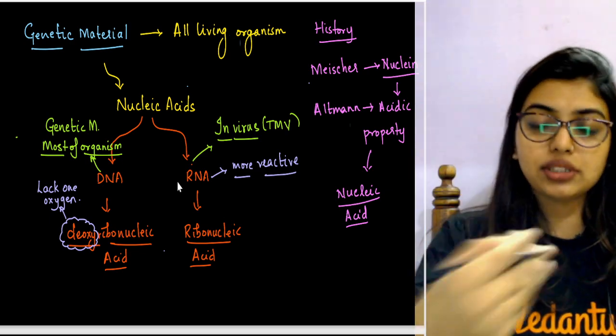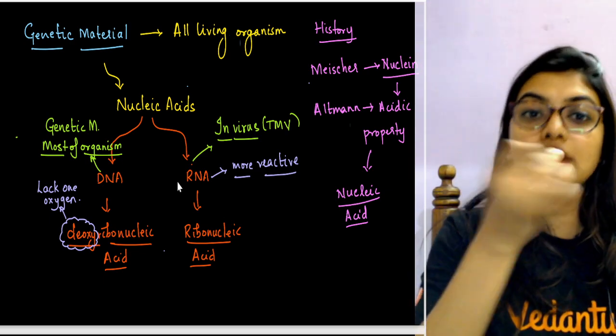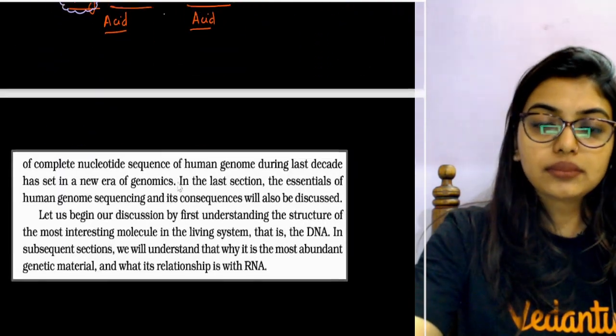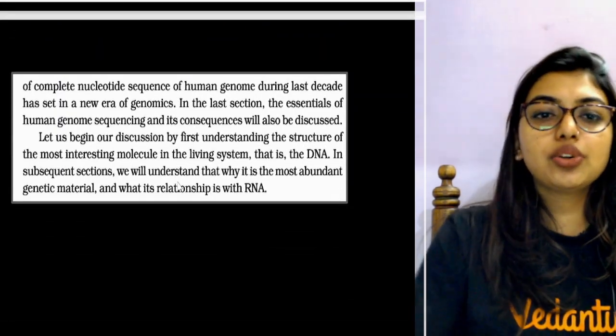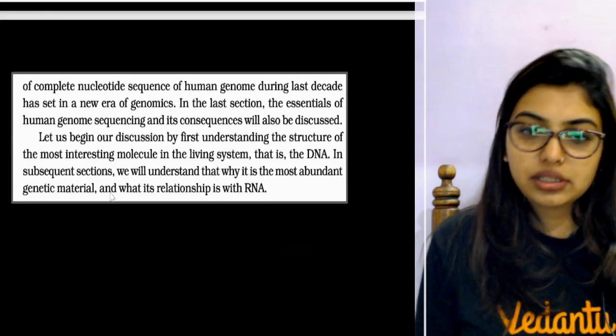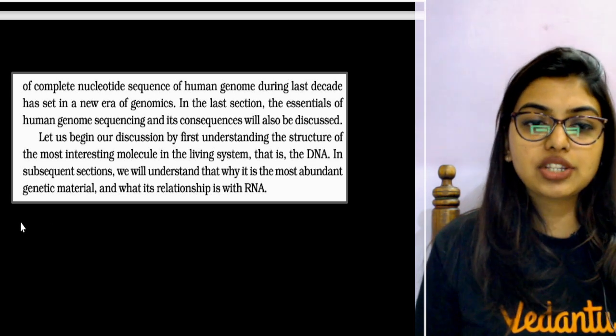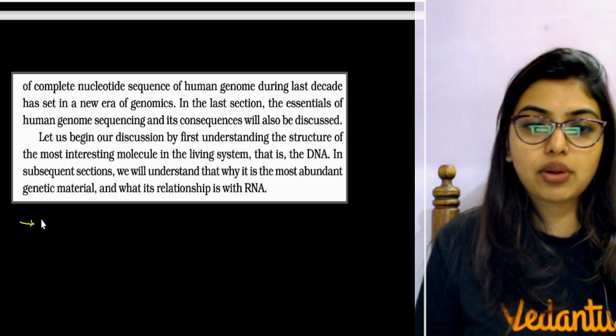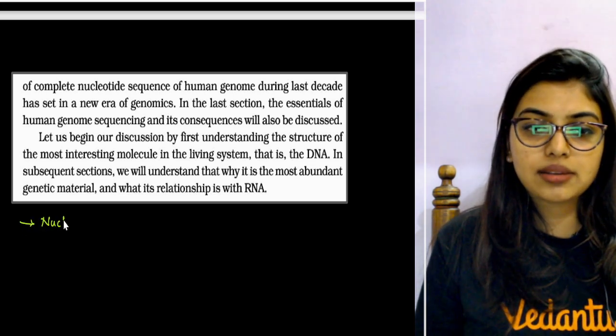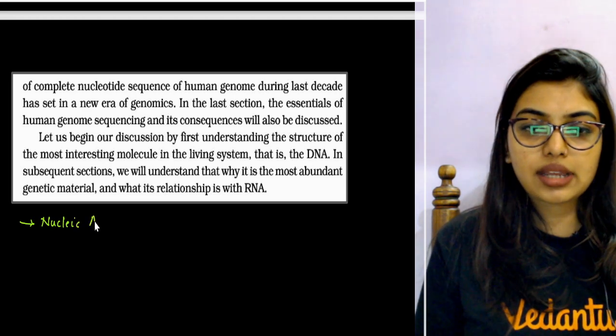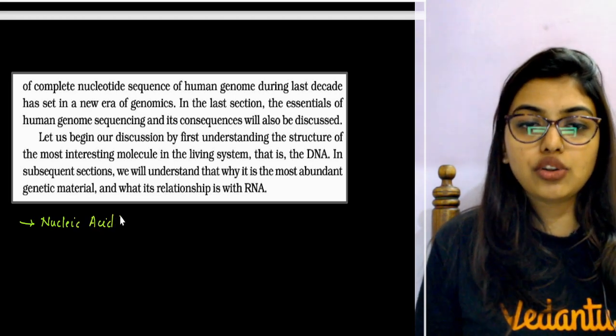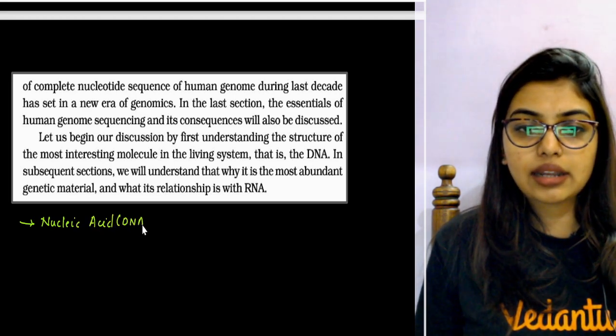Now let's go further and understand what we are learning in this chapter. So in this chapter, you are going to learn about, obviously, the nucleic acids, and you're going to learn a lot about DNA and RNA.